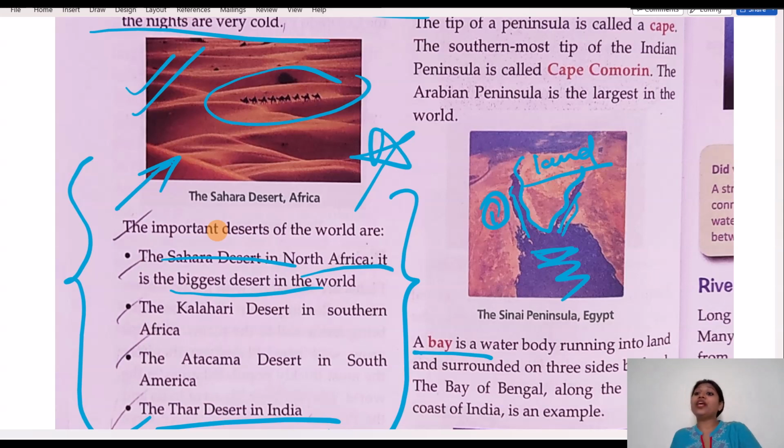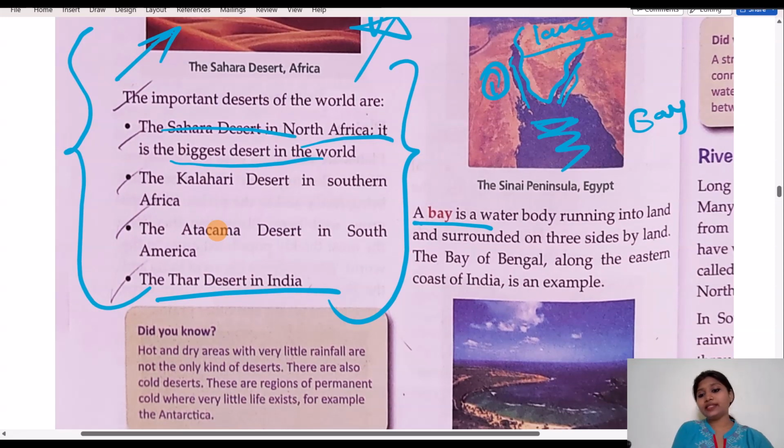If you heard the Bay of Bengal, yes, why we can call? Because our India also, as it is same, on three sides is surrounded by the water. That's why the word Bay of Bengal is used.